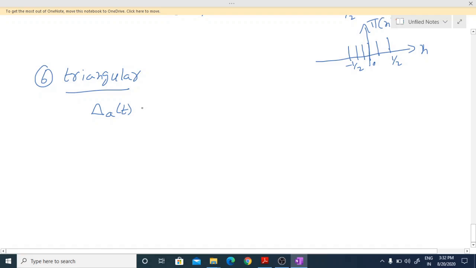So here delta A of t is equal to 1 minus mod t by A if mod t is less than or equal to A, and 0 if mod t is greater than or equal to A. What that means is the triangular signal amplitude is 1 minus mod t by A if the corresponding t value is in between minus A to plus A. Whenever t is greater than minus A or plus A, the amplitude becomes 0.